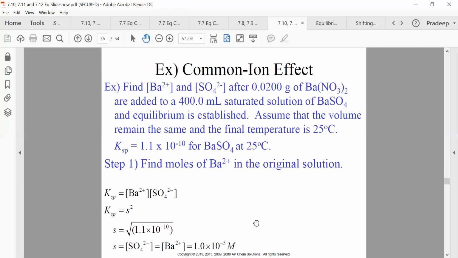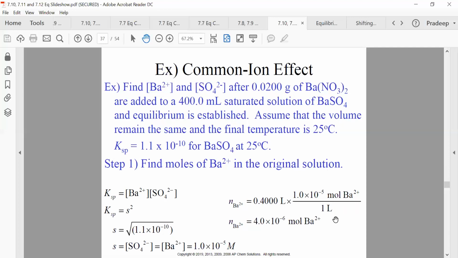So the initial concentration, the solubility product, or the molar solubility of both barium and sulfate is 1 times 10 raised to minus 5, which is the square root of this. All right. And now we can find the number of moles of barium by using that formula over 1 liter, because the total volume is 1 liter.